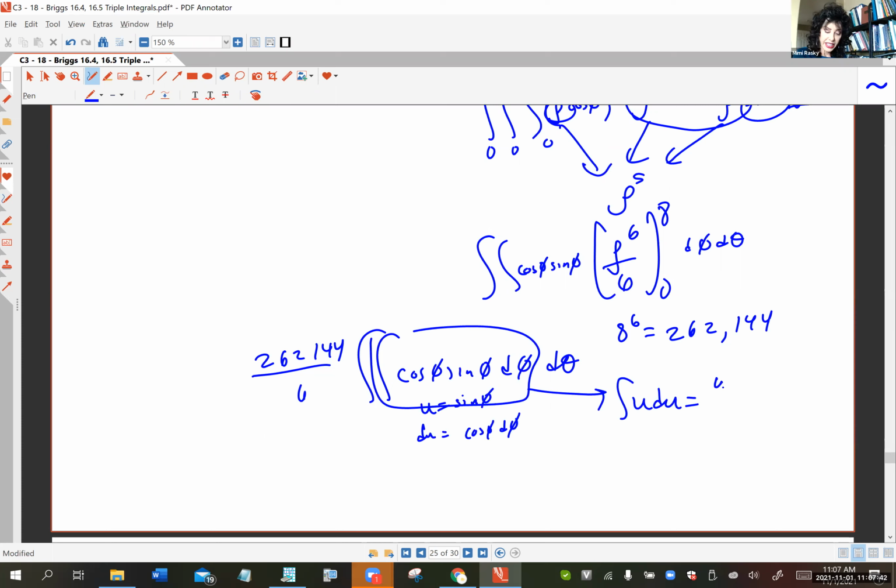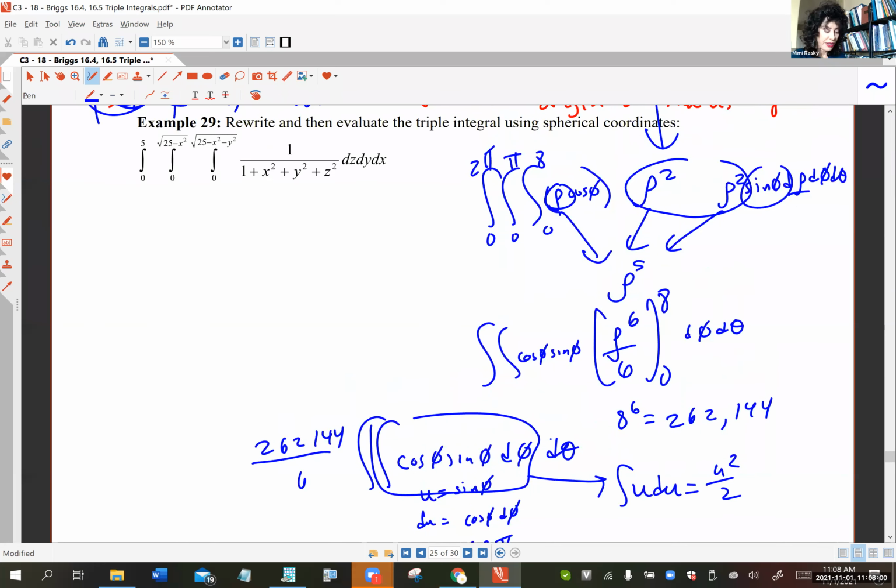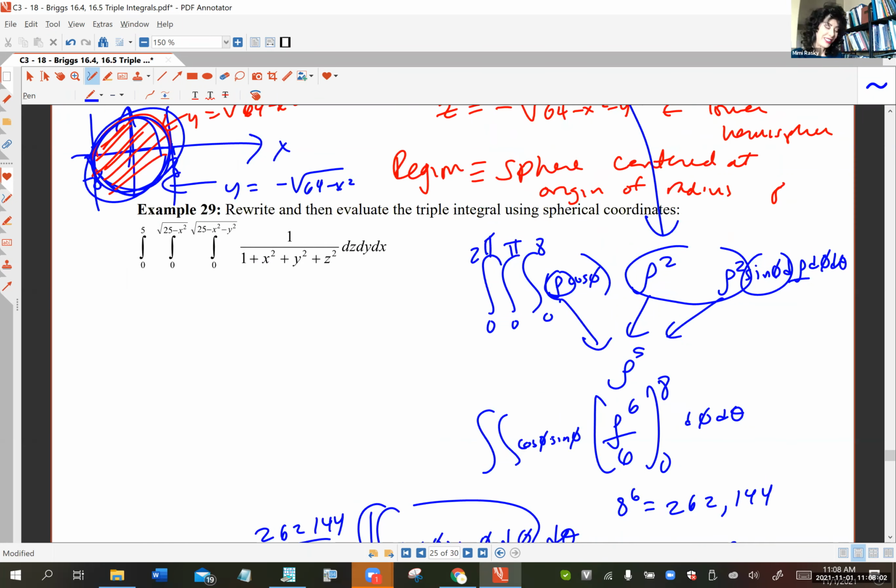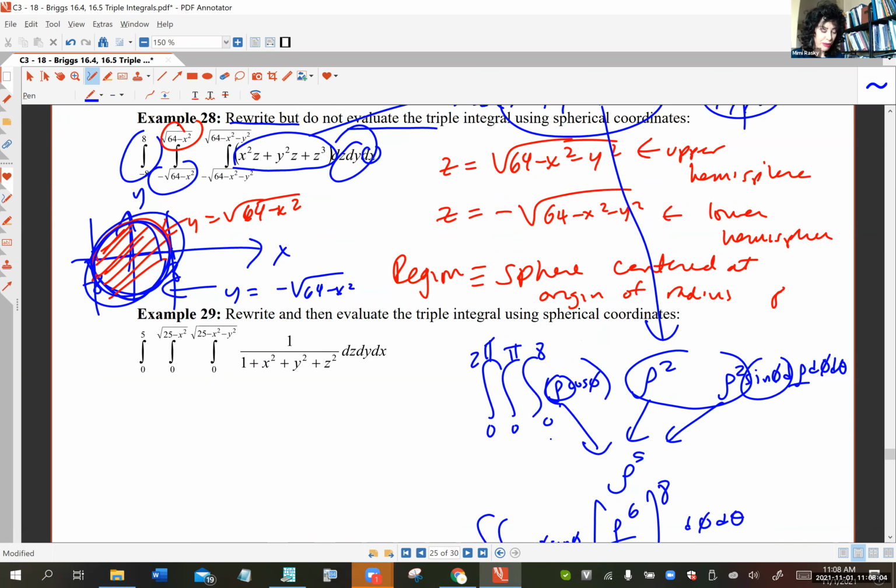Nice, because the antiderivative is u squared over 2. Nice. So what does that mean? Sine squared phi over 2, and you're evaluating that between the limits of 0 and pi, and that would go to 0. So that would not be fun. Well, hopefully that wouldn't be the case. They wouldn't evaluate it from 0 to pi. But I wanted to show you the u sub.